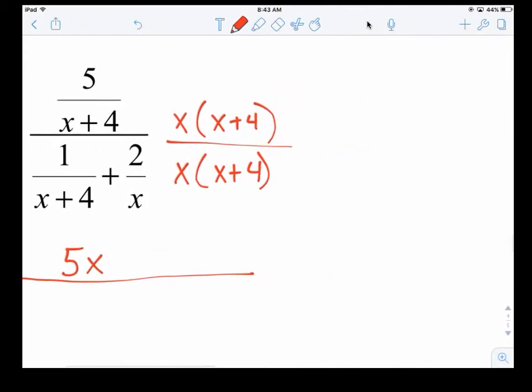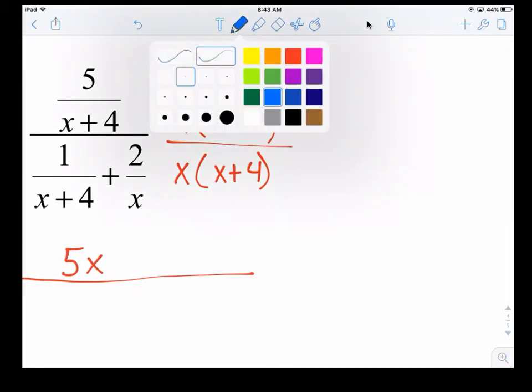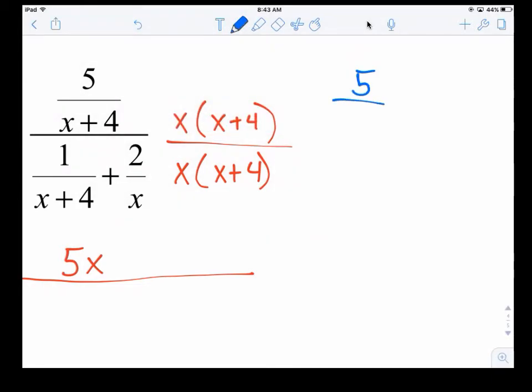So you have 5 over x plus 4 times x plus 4, and that's really over 1, so that cancels. Now you just have 5x. Now if you do 1 over x plus 4 times x plus 4, that cancels again, and you're left with just x.